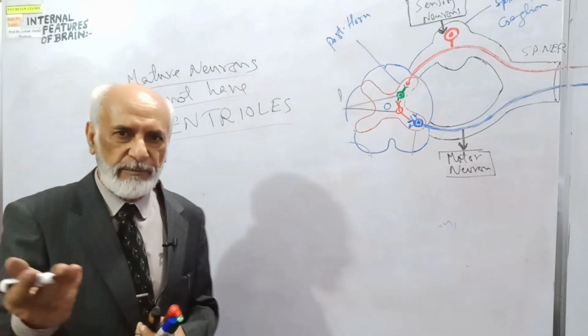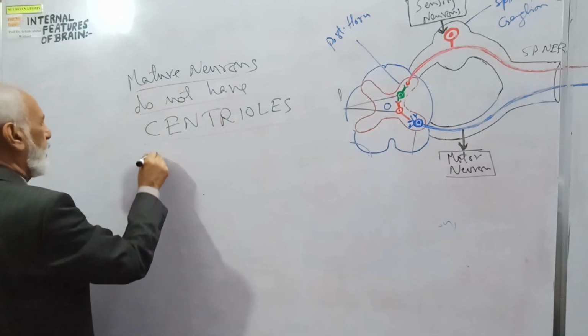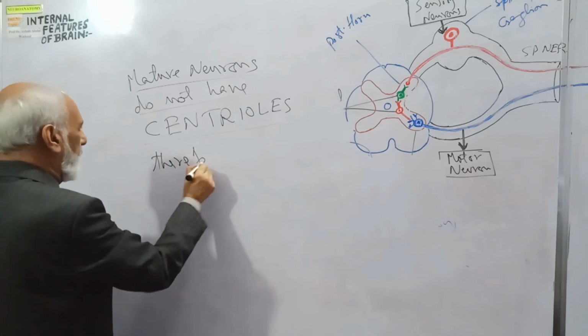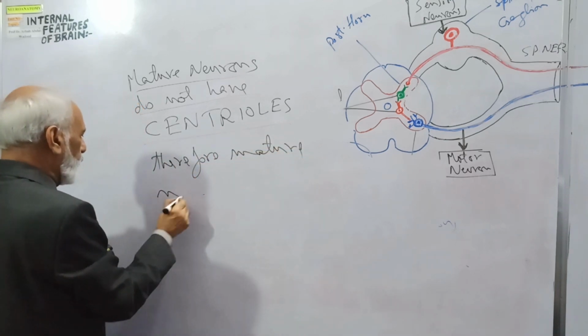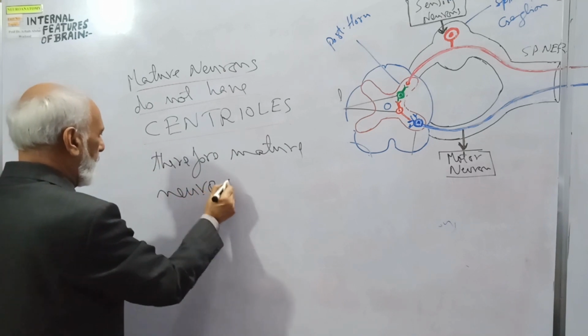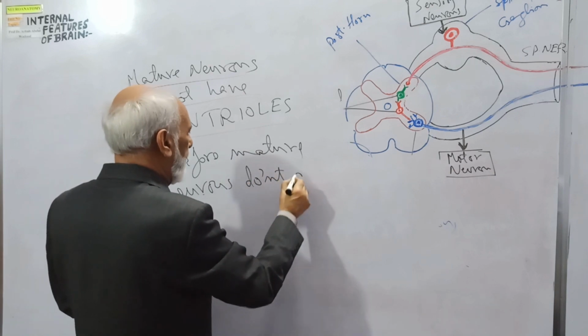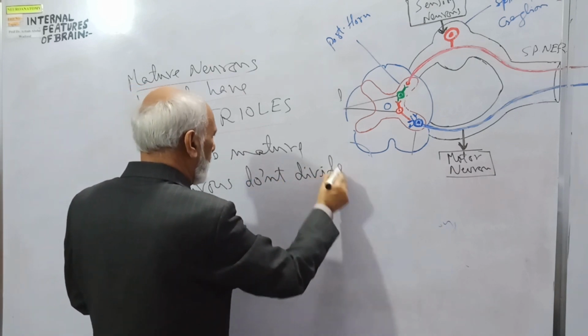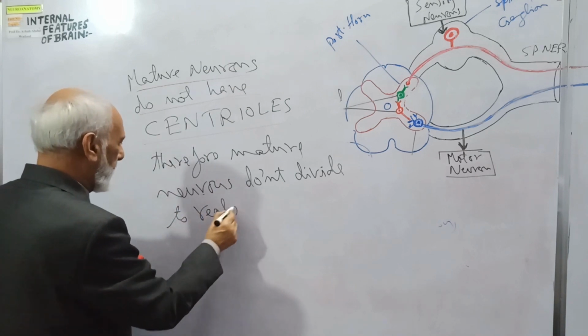The centrioles disappear. Therefore, mature neurons do not divide to replace the damaged neurons.